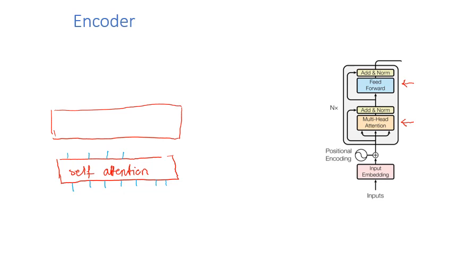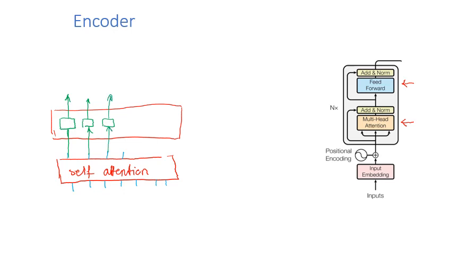So an important point is that there are many feed-forward neural networks, and each position goes to a feed-forward neural network separately. These neural networks are identical. They're all the same.